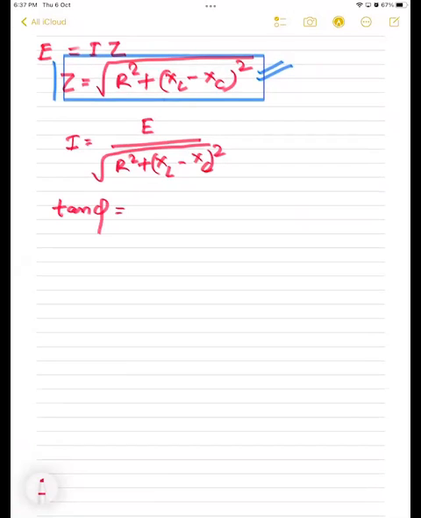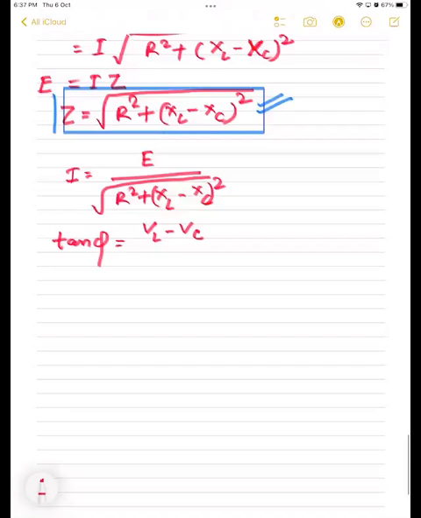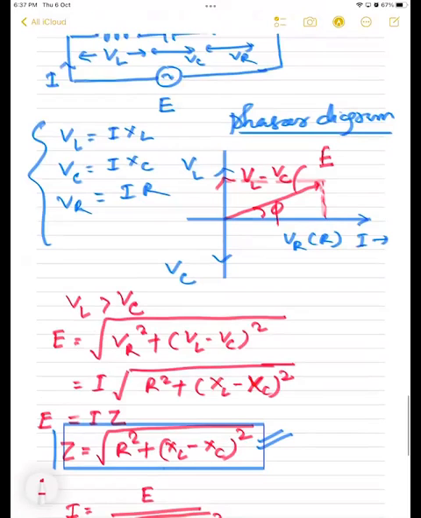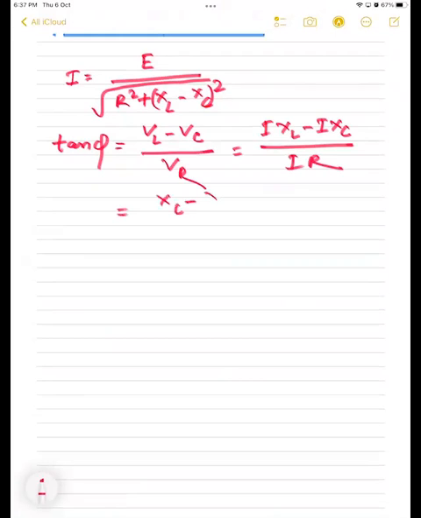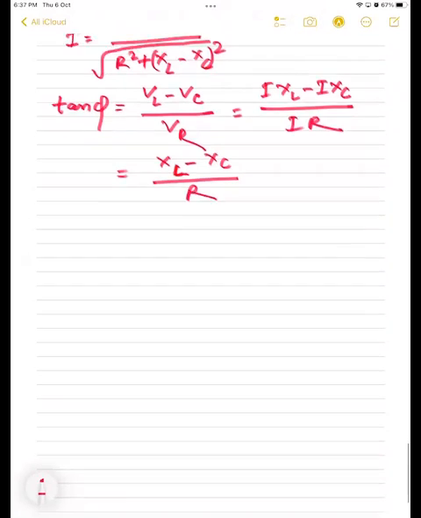So that is tan phi is equal to VL minus VC. See this one, tan phi, right? This is VL minus VC, no? Correct? Yes, VL minus VC by VR. So that you can write also I XL minus I XC divided by I R. That is equals also XL minus XC divided by R. Correct?